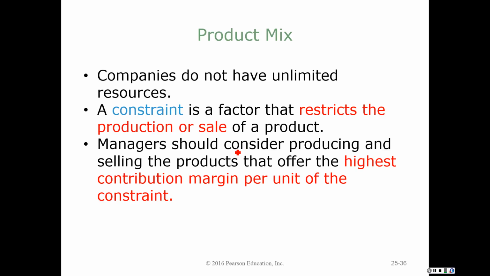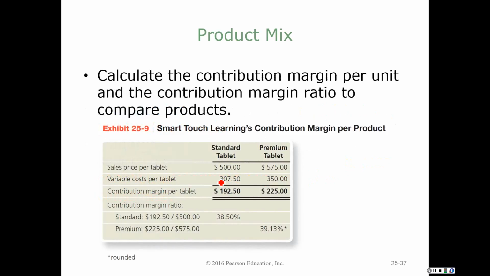So we're going to consider producing and selling the parts that not only have the highest contribution margin, but the highest contribution margin per capacity constraint. So let's see how that works. For example, we go back to our standard tablets and our premium tablets.